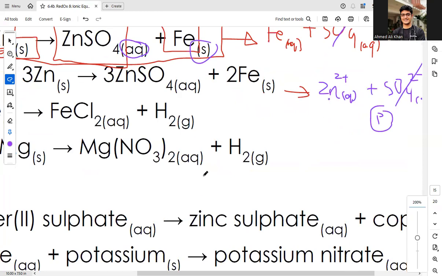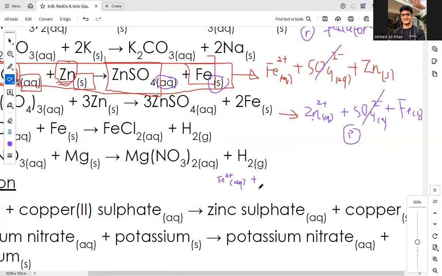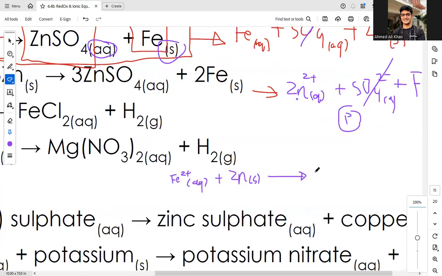So we have Fe2+ aqueous, plus zinc solid, and then we have iron as solid, and zinc as aqueous, and obviously zinc is charged because it's aqueous.